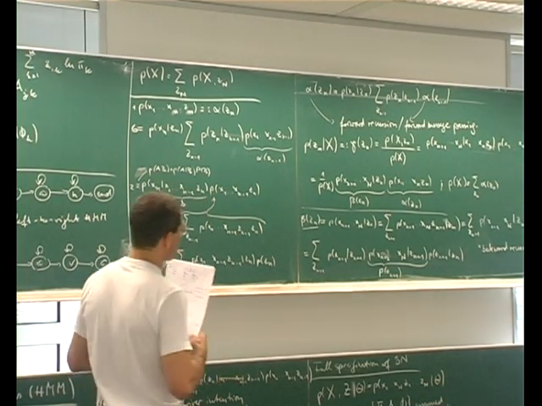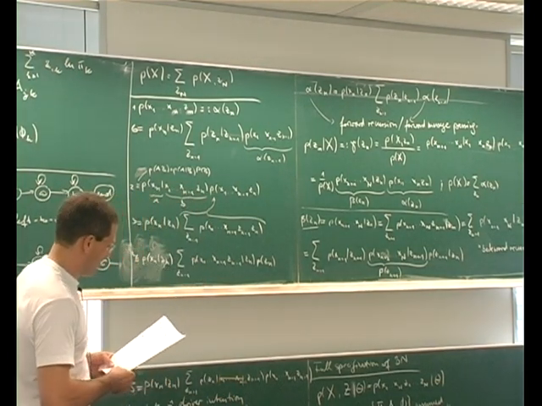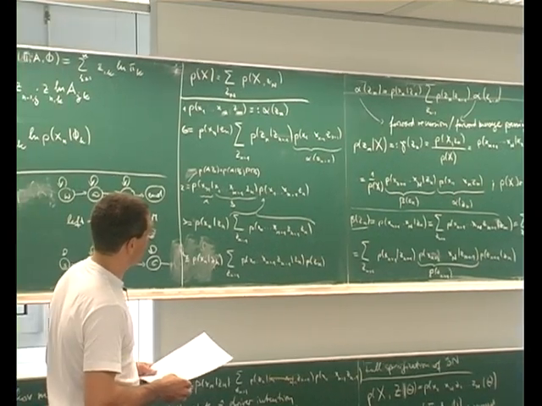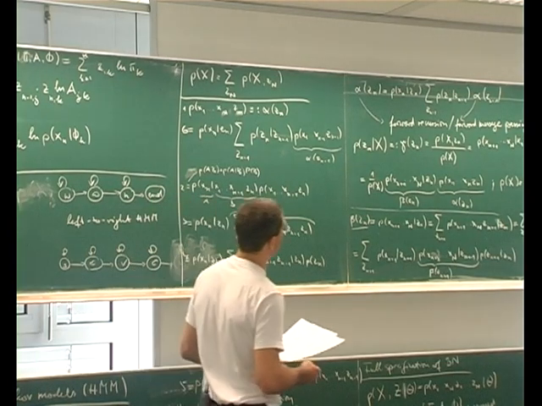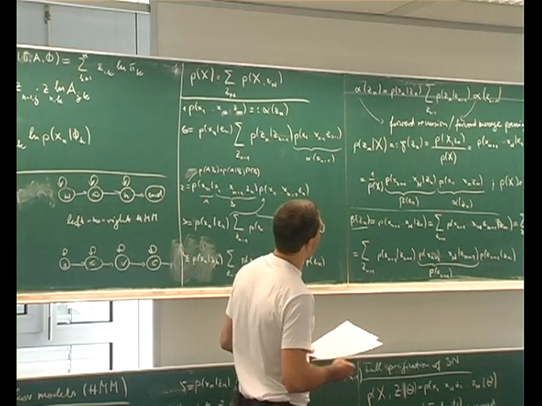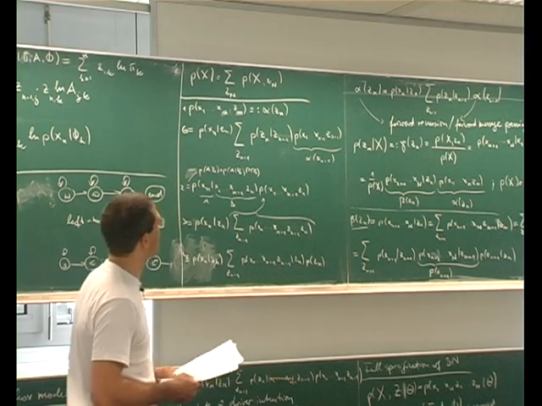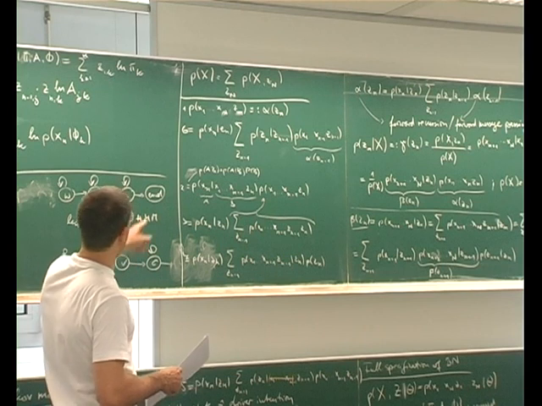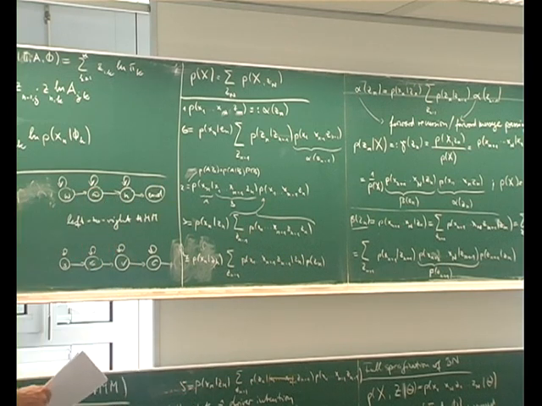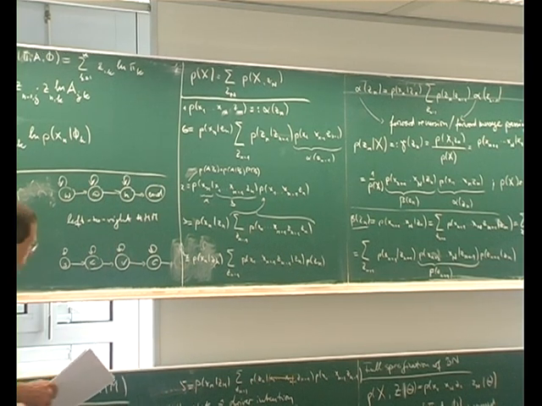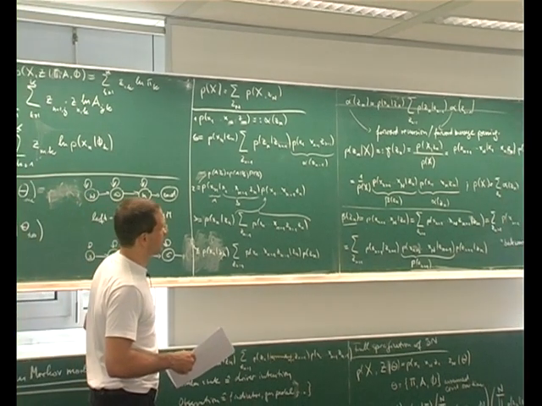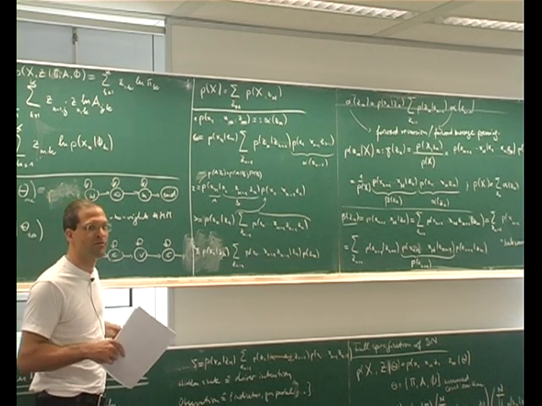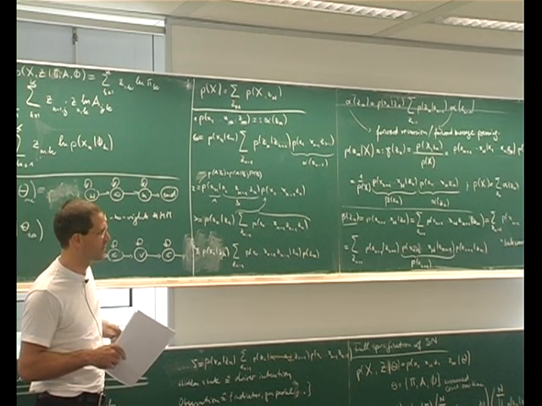It turns out that these recursions allow us to compute such marginals in a much simplified fashion, because if we did it naively, we would have to sum over all the possible sequences of hidden states that have given rise to a set of observations.